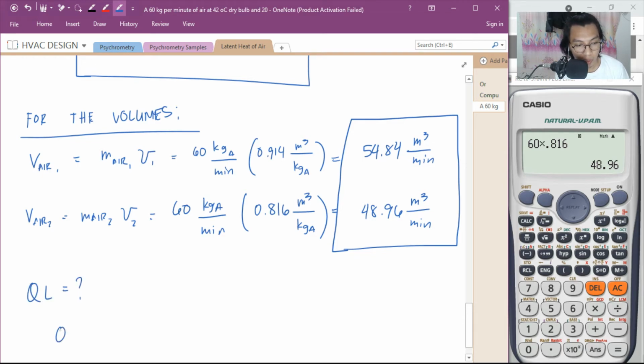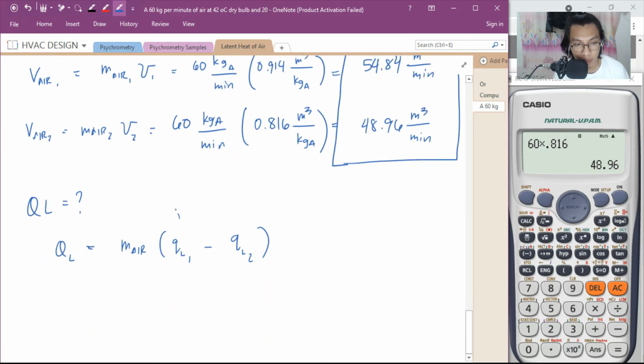Di ba ang QL natin is equal to yung mass ng air times the specific latent heats ni 1 minus specific latent heat ni 2. Initial and final. Now, hahanapin muna natin yung mga HS nila. Anong gagamitin natin? Yung approximate na lang.